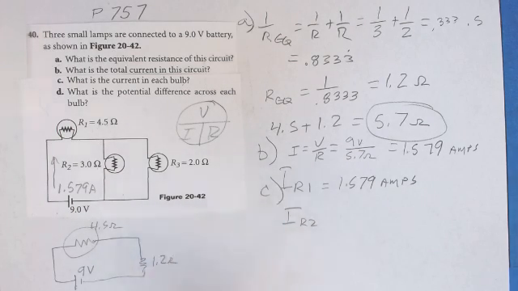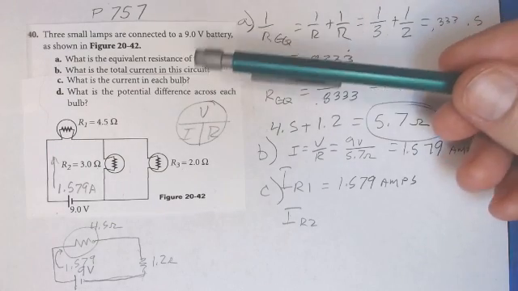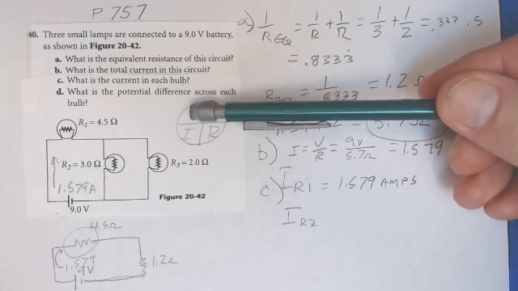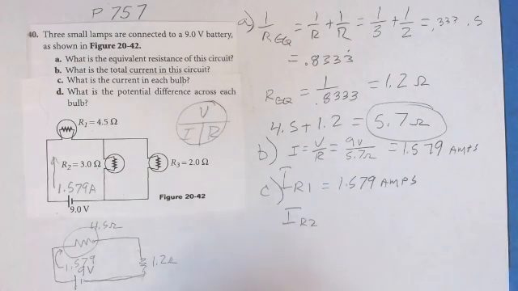So kind of backing up in this problem a little bit. So there's the equivalent circuit, and again we have 1.579 going around this loop. So we can figure out what it is for the voltage across this resistor. And again, we're looking for voltage, so covering up the V, that's IR.